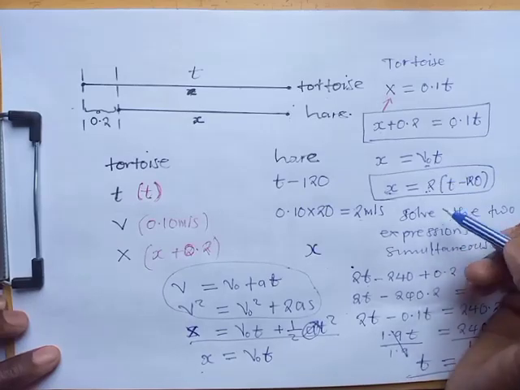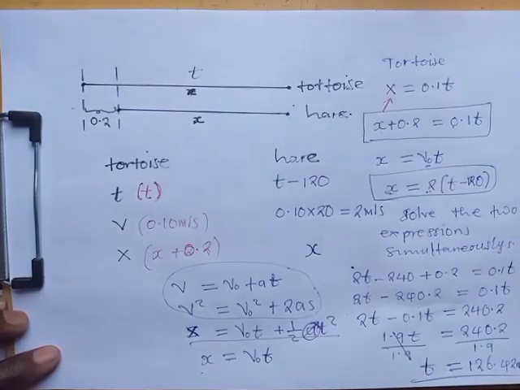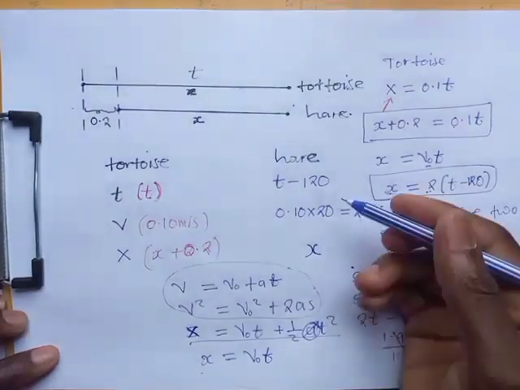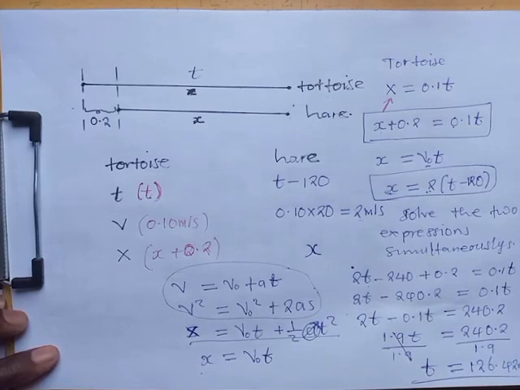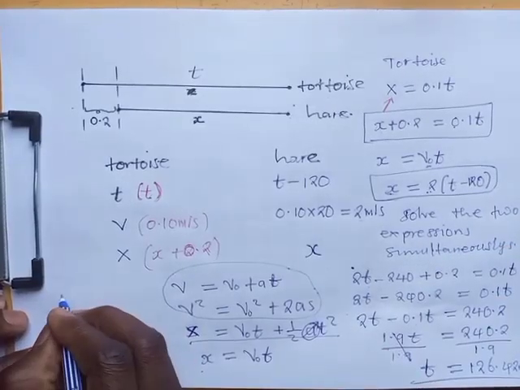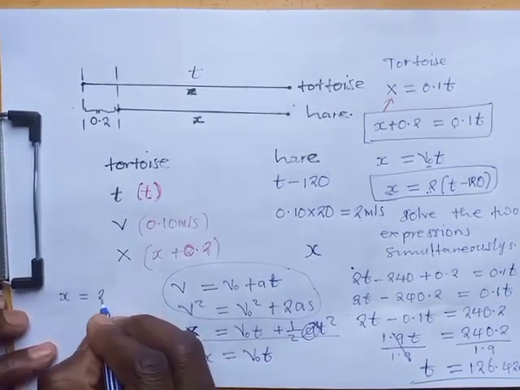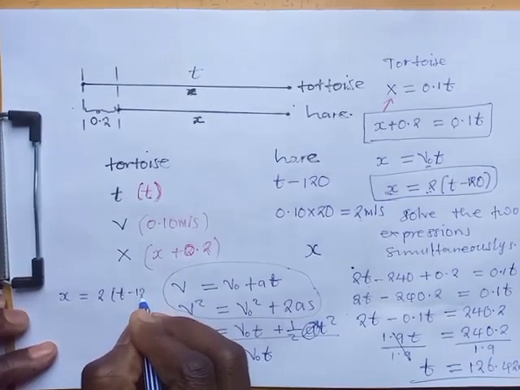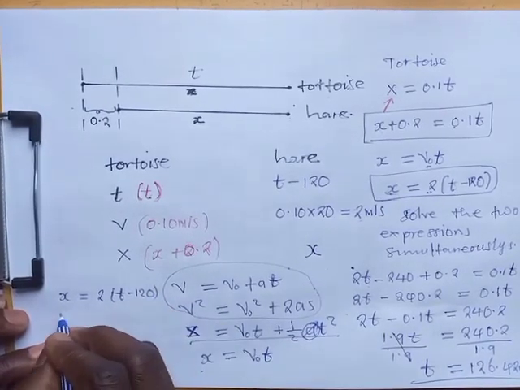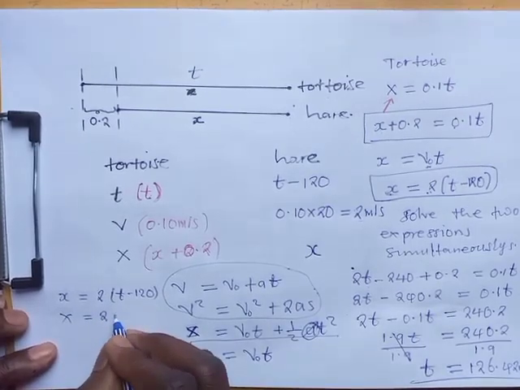I know, sorry, not the tortoise, the hare is the one that finished the race. So if you want to find the expression for the hare, we are going to consider this one. So I'll say x has to be equal to 2 open t minus 120.